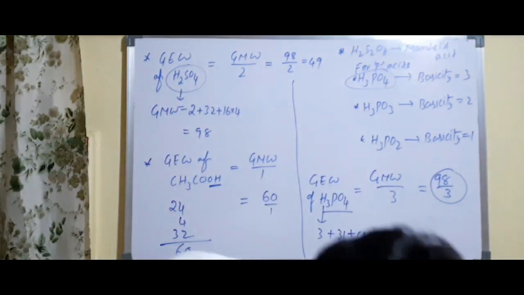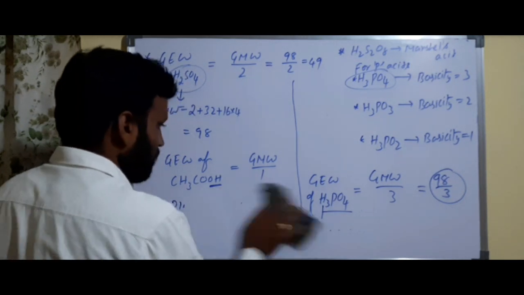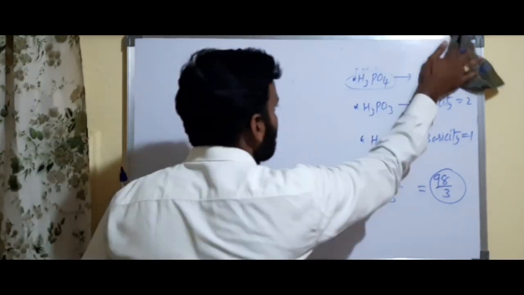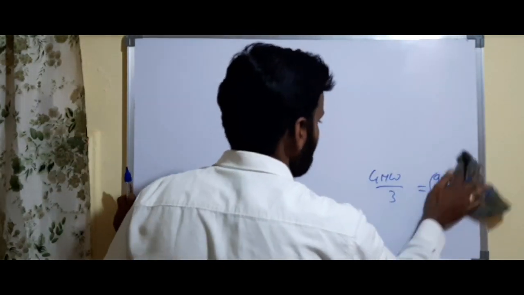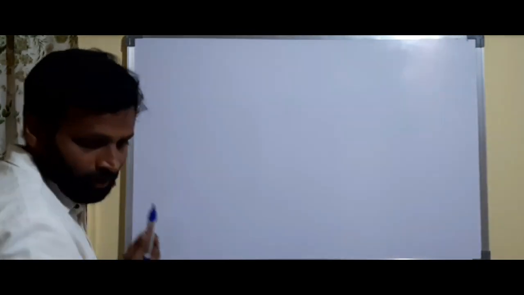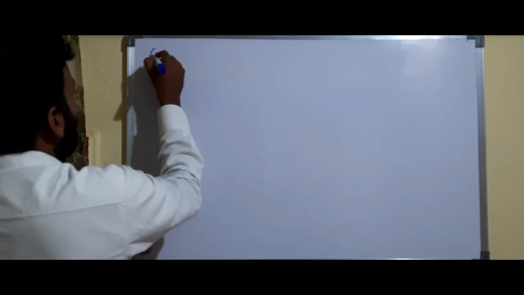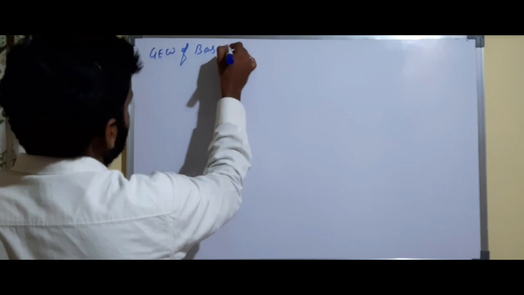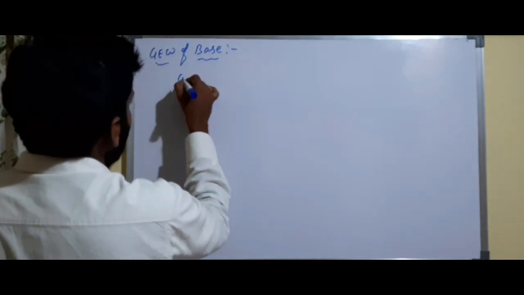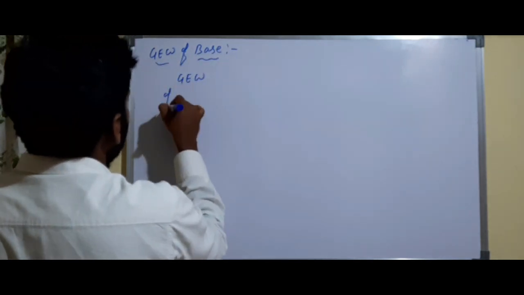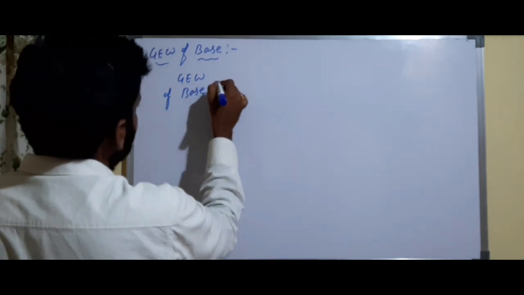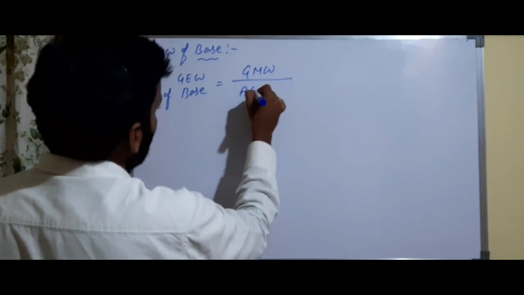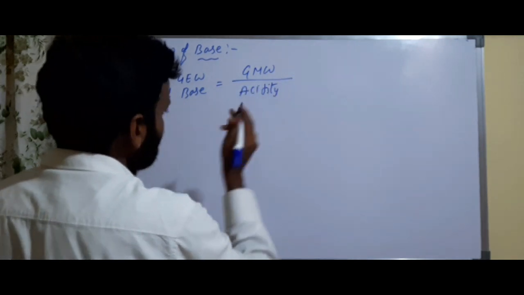Okay, next, gram equivalent weight of base. Gram equivalent weight of acid completed. Now gram equivalent weight of base is equal to gram molecular weight by acidity.